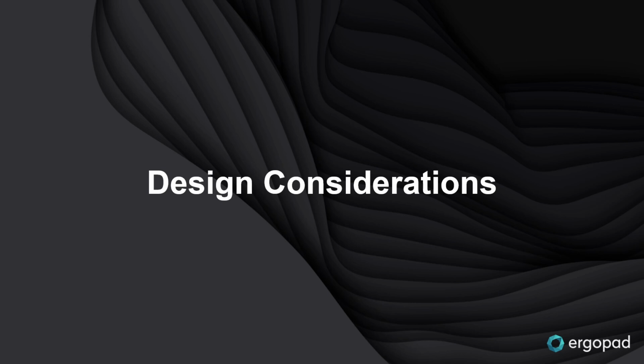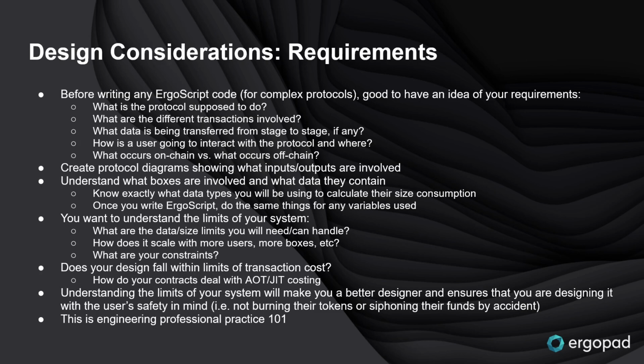Now we're going to go over design considerations. When you're starting out a design, the first thing you're going to want to think about are your requirements. Before writing any Ergoscript code for any complex protocol, it's a good idea to know what you're actually supposed to do. So what is the protocol going to do? What are the different transactions involved? What data is being transferred from each stage in the protocol?